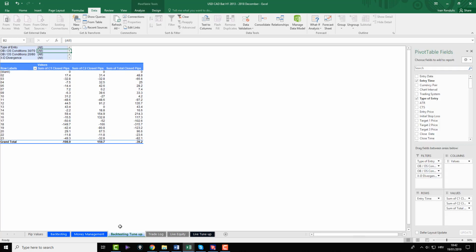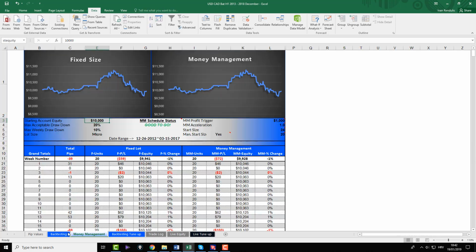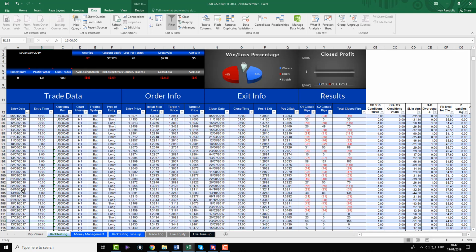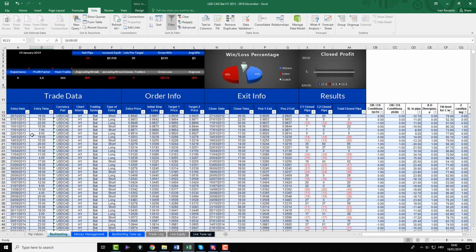Not all of the bats were happening in the time that I would be up, because I sleep, you sleep as well, and while I'm sleeping, some of the trades were hitting stop losses. Obviously I wouldn't be able to trade in those times, so I would remove those results from my backtesting.